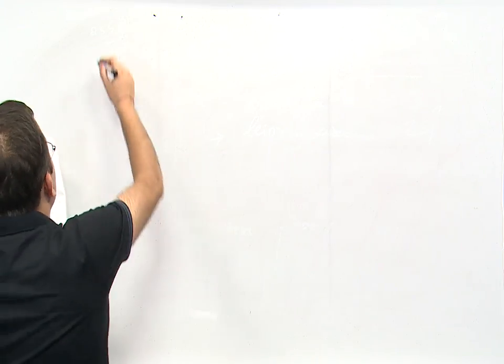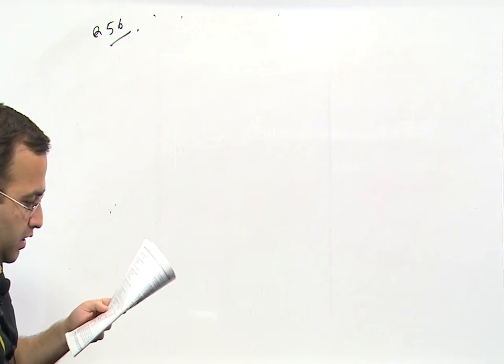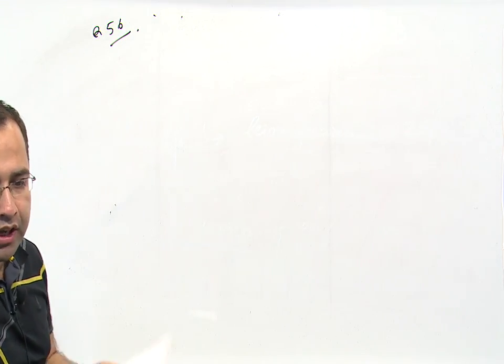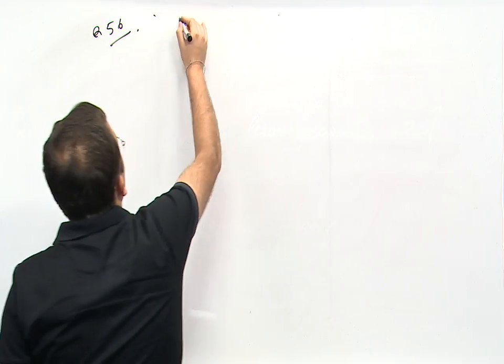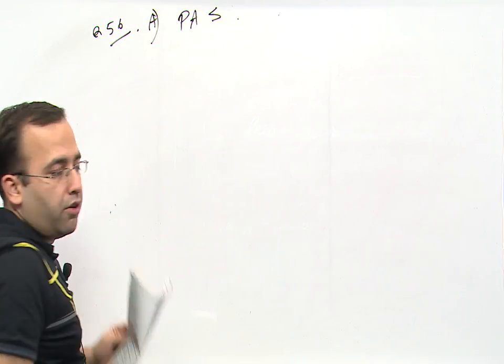This gets us to the next question, that is question 56. Which stain is used to study fungal morphology, that is PAS? Answer is periodic acid Schiff.